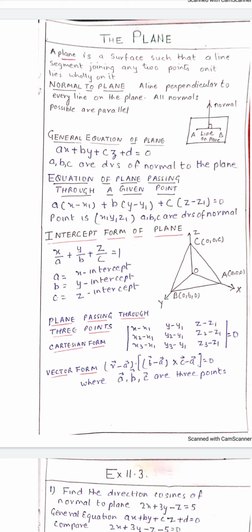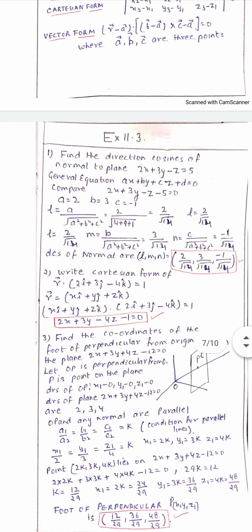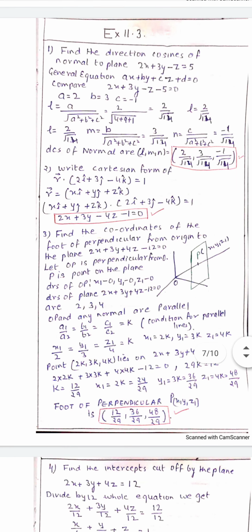Let us do a few questions in order to understand how these formulas are used. Find the direction cosines of the normal to the plane. Now we know that the direction ratios of the plane ax plus by plus cz plus d are a, b, c. So if we compare 2x plus 3y minus z, we get a is 2, b is 3 and c is minus 1.